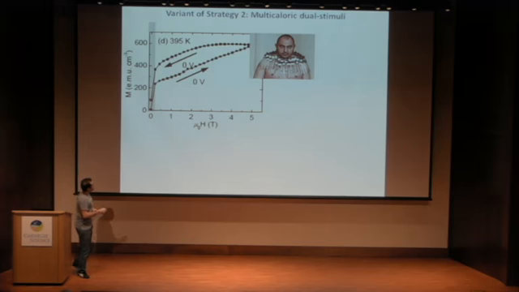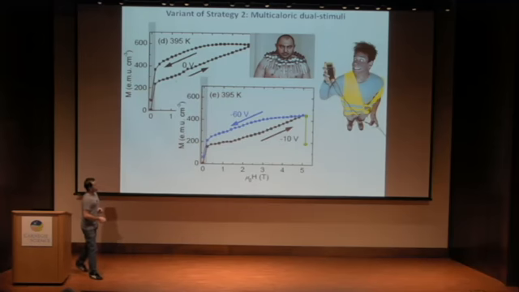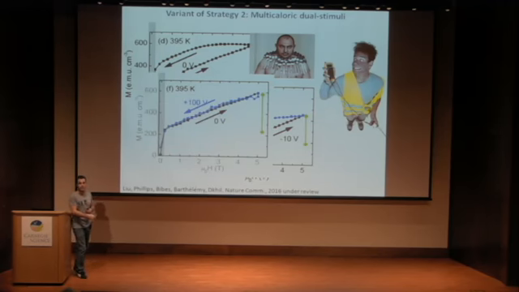We start with magneto, so magnetization as a function of magnetic field, and we have this bad hysteresis loop that we want to avoid. Then we call it electro, and we apply an electric field. And you see that by applying the electric field, we can change it. You see, there is a difference here. And if you find the right recipe to suppress completely the hysteresis loop, then everything is done.